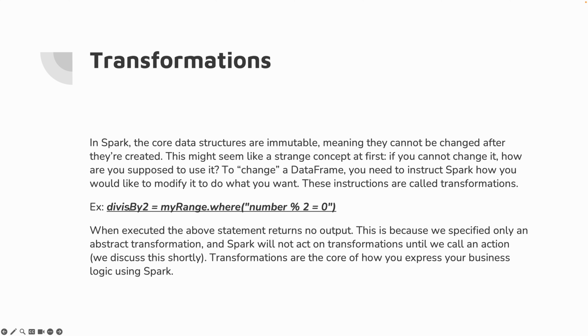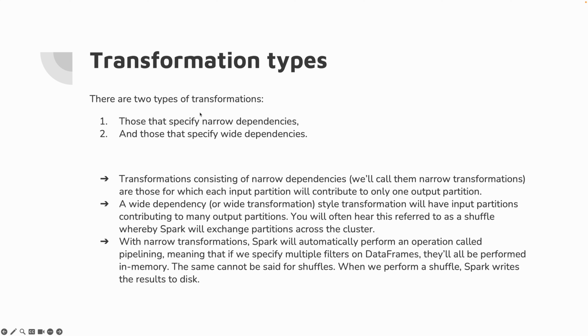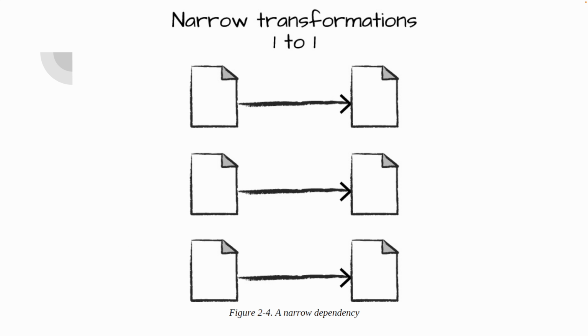Okay, moving on. As we have previously seen, there are two types of transformation functions, narrow transformations and wider transformations. Narrow transformations result in only one output partition for every parent partition.